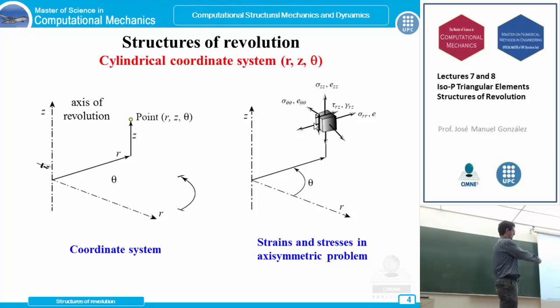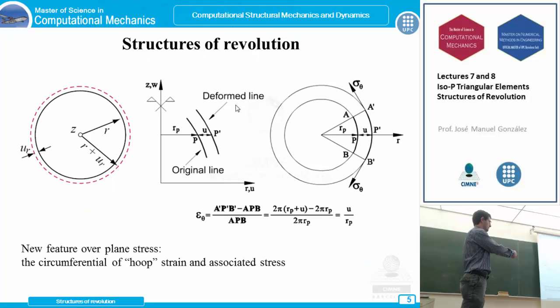So in fact we have this circumferential component of stress and strain extra, apart from the 3 typical ones from plane stress and plane strain. This circumferential component is a difference between the plane strain and the plane stress problem.